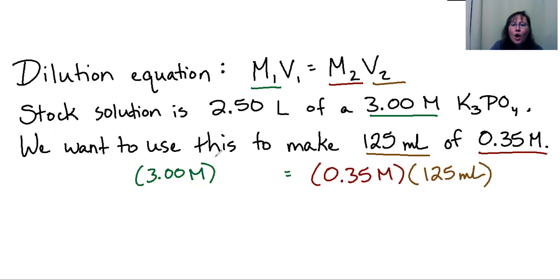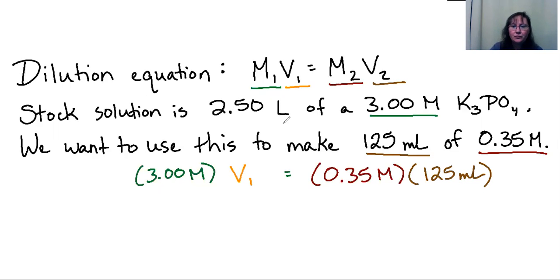And in this case, what we're actually solving for is V1. It's easy to look at this and say, wait a minute, don't you have V1 right there, that 2.5 liters? No, you don't. 2.5 liters is a lot, and that's your stock solution, the stuff sitting on the sideboard waiting to be used. You're going to take a little bit out of that stock solution, and then add a whole bunch of water to it to make what you need.